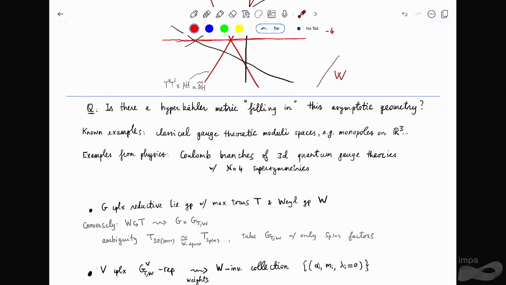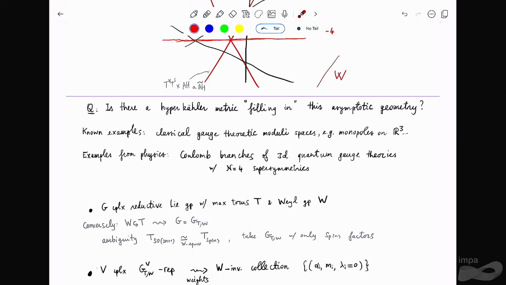I have no idea what exactly this Coulomb branch is, but this quantum theory has a moduli space of vacua, and for supersymmetry reasons, this moduli space of vacua is naturally expected to be some hyperkähler space.